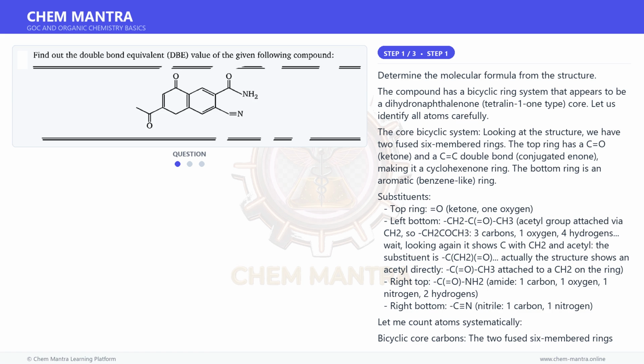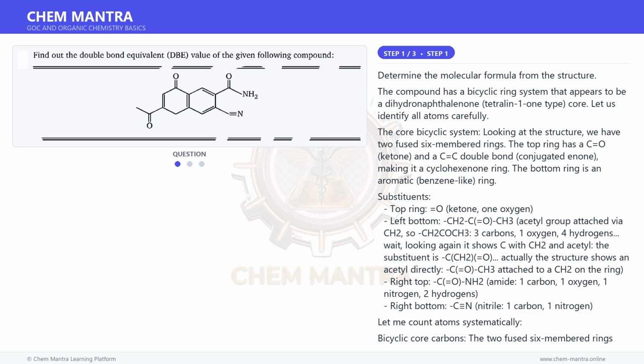Hydrogens on the ring: the bicyclic system with the described unsaturation, let me count H attached to ring carbons. The top ring positions are C1 equals O, C2 equals CH, C3 equals CH, C4 ring junction, C5 ring junction, C6 CH2 bearing acetyl.